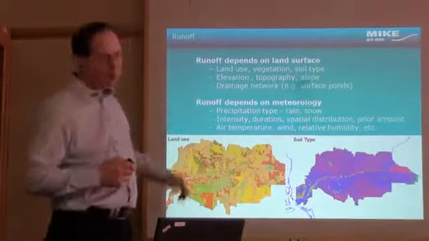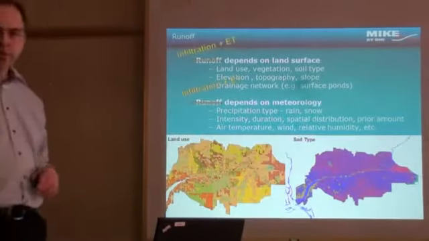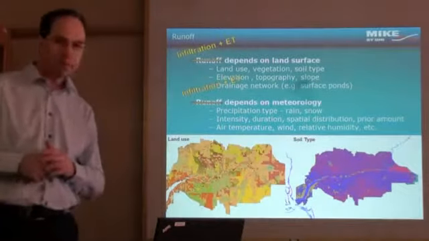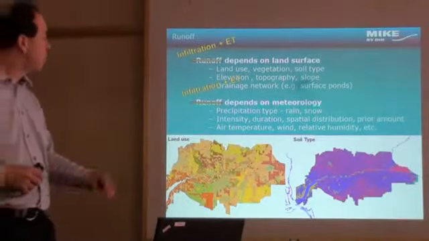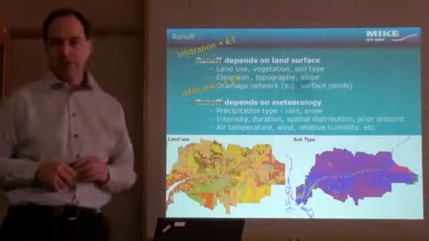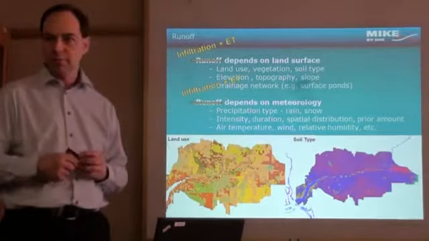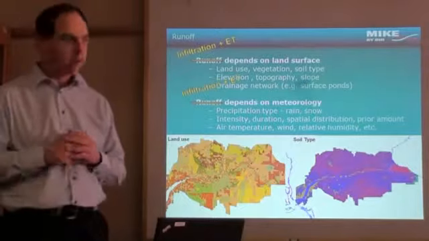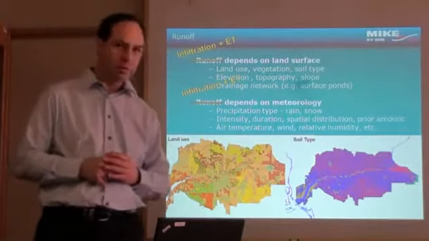However, runoff is what happens when it rains, but the other things that happen when it rains are that water infiltrates and water evaporates. The processes that define runoff are exactly the same processes and parameters that affect evapotranspiration and infiltration.